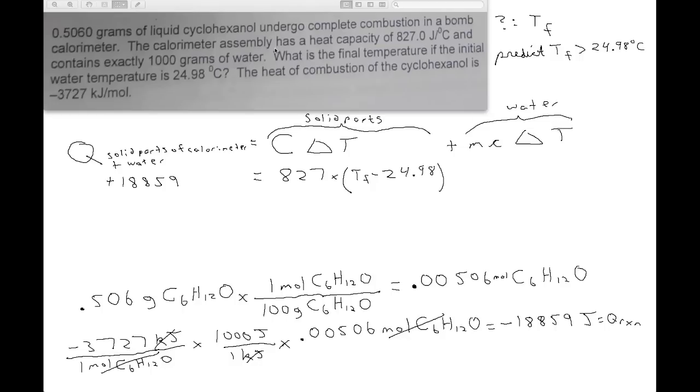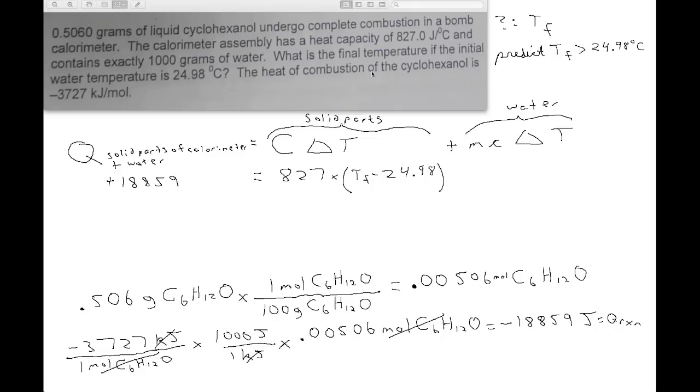Originally, I tried to convince the students that when they said calorimeter assembly, that already included the water, but as I've said, now I actually changed my mind. Now I think when they said calorimeter assembly, they just meant the solid parts of the calorimeter assembly. And again, there's two reasons for that. One reason is, again, why would they even bother telling us how much water there is unless we had to include that in the problem?